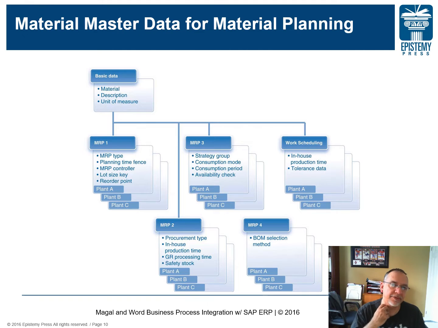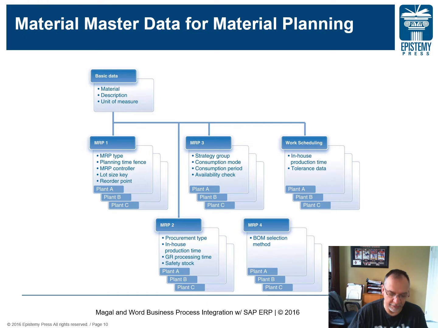So material master setup as set up in SAP would look like this. All the different components of the MRP fulfill their own need or function. The MRP1 has a lot of information regarding the overall planning strategy and determines how much material the company should procure.